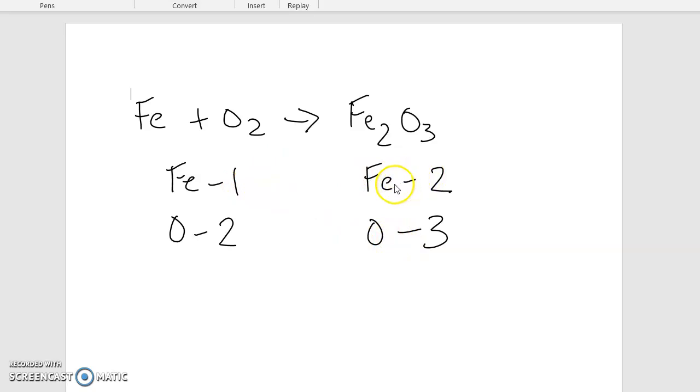The only thing that's bad about doing that is iron is over here by itself, see right here on the reactant side? We could put almost any number in front of iron and we'll be able to get it balanced. So I think it would be easiest to leave iron last because all we have to do is put a number in front of it. That's what I mean by looking for the ones that are by themselves, or oxygen or hydrogen sometimes by themselves, and then leaving those for last because it's easier to balance those by themselves.